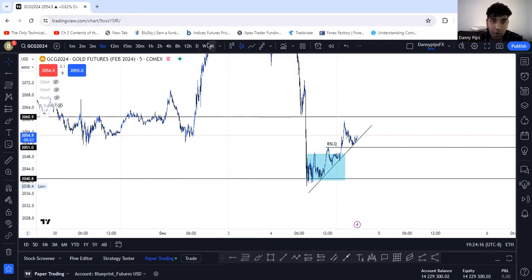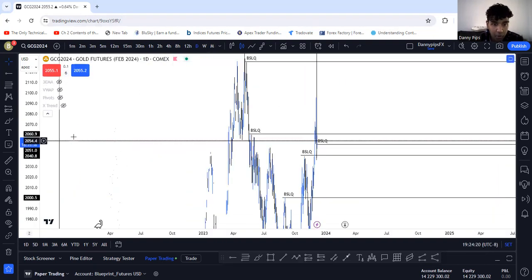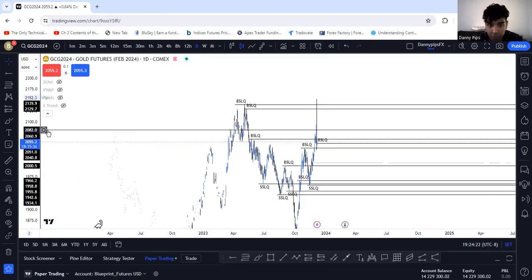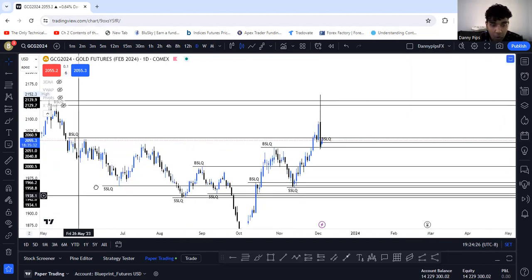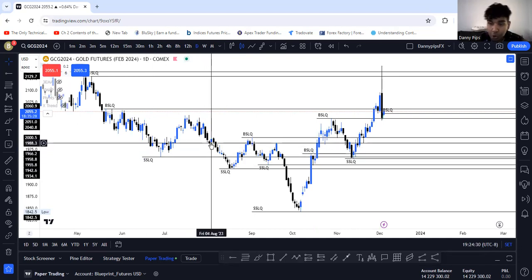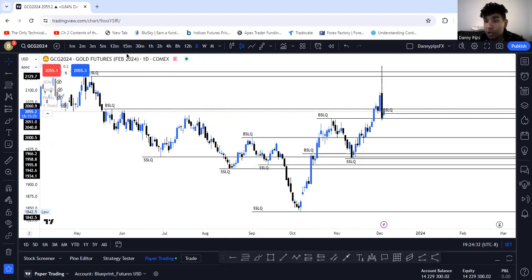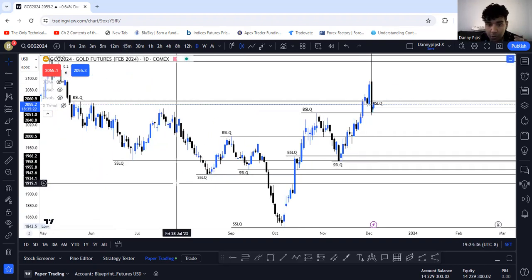And you can see now how we broke it down off of the daily into the 4 hour. So we're just marking our liquidity levels off of the daily, not marking all of the liquidity levels. The reason I do it off the daily is just to keep the chart clean, because if we start marking them off the 15 or the 5 or the 1 minute, we're going to have a lot more levels.